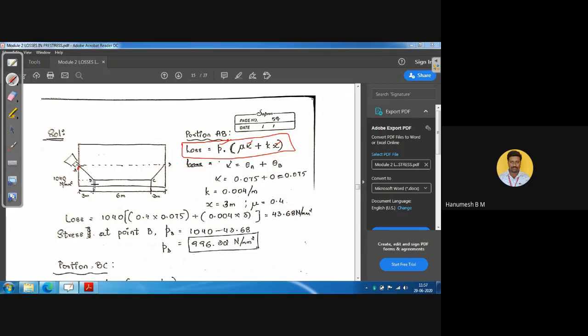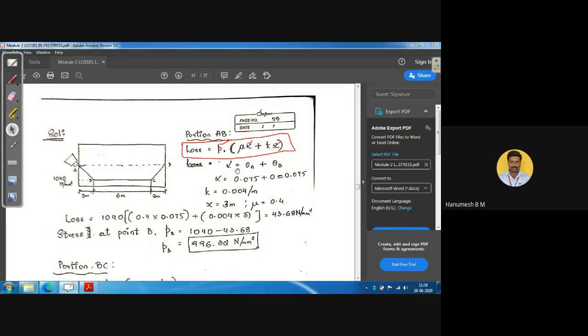If I consider the portion BC, then we need to subtract the frictional losses here. Then that value will become the P naught value at B. In C, again we need to subtract the frictional losses in the portion BC. Then that value will be P naught at C. This is about the general information.